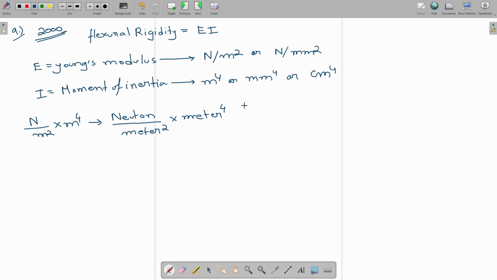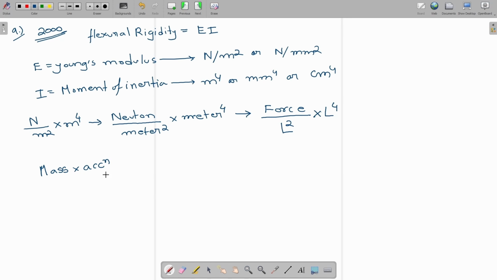Now Newton is the unit of force, so we can write it as force upon length square into L to the power 4, changing meter into length L. Now force is given as mass into acceleration.